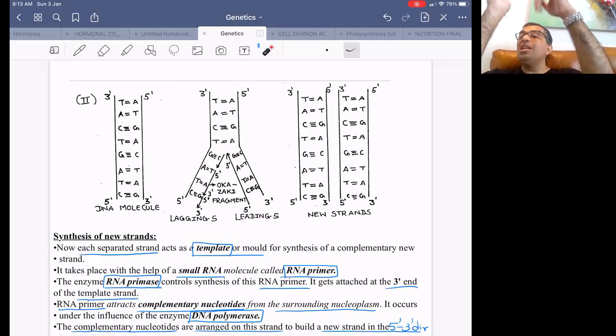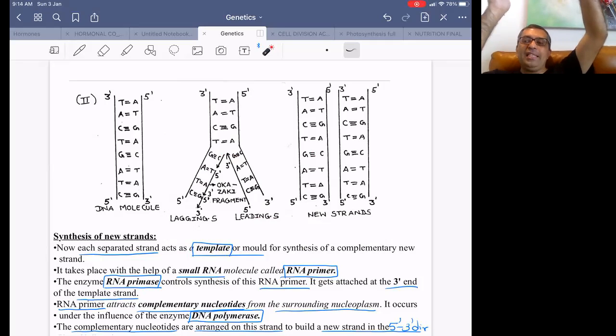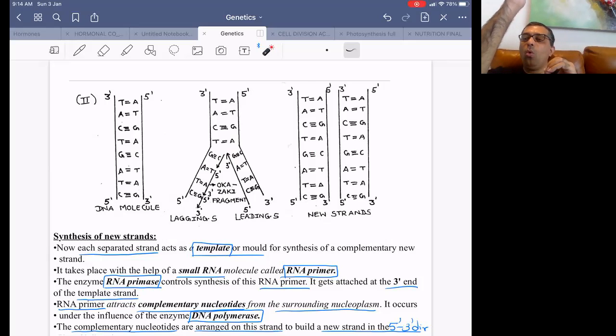In the original other template, new nucleotides continued to be formed in the upward direction at the same time. So what do we mean by at the same time? 1 to 3000, 0. 3000 to 1 in the opposite direction. Simultaneously, 3000 to 6000.